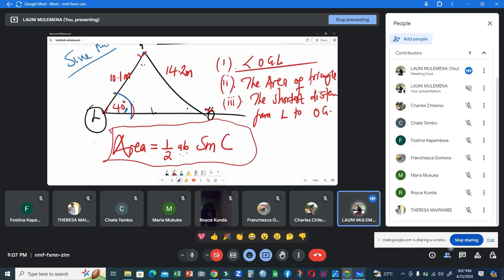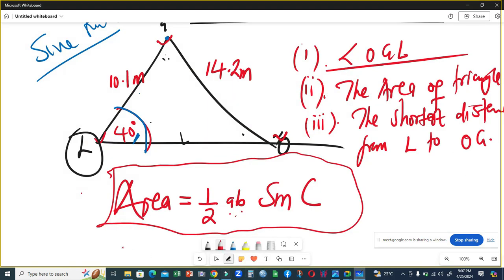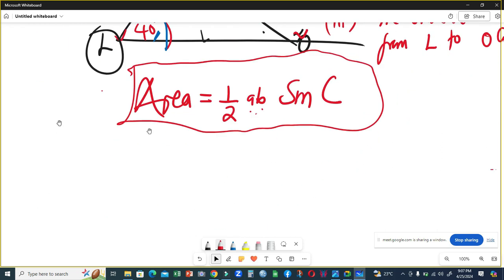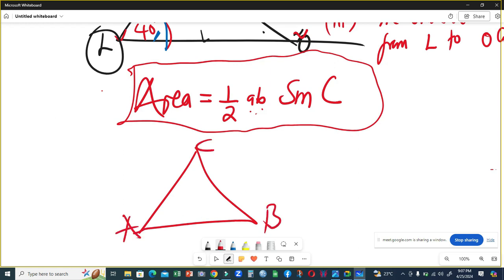But before I do that, let me explain how to pick the value of A, B, and C. For you to use this formula, it means the length A you have been given, the length B you have been given, and the included angle C you have been given. So when you are using this formula, you're not supposed to use it anyhow.